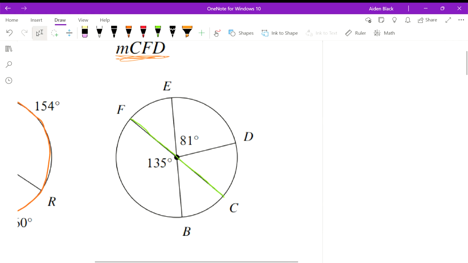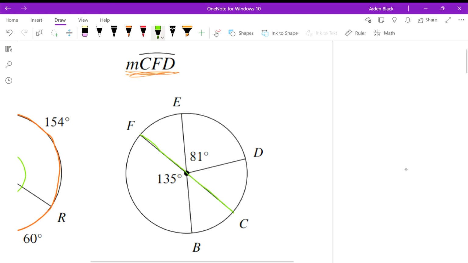If it's a diameter, we know that this is 180 degrees, and if this is 180 degrees, and this here is 135, we know that this angle, we'll just say arc CB, since we don't have a central point, we'll say arc CB is 45 degrees, because 45 and 135 equals 180. So we know this angle's 45, and since this appears to also be a diameter, we know those are two straight lines. When two straight lines cross, by vertical angles theorem, you know those angles are congruent.